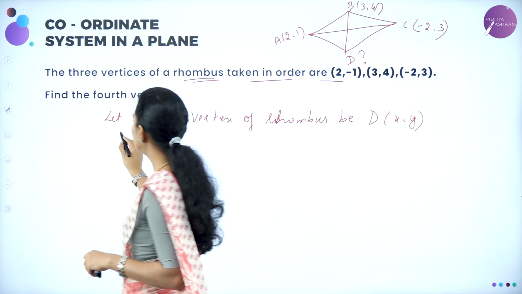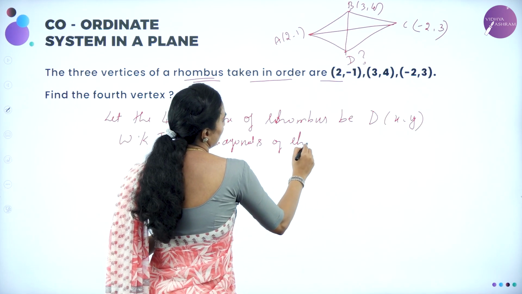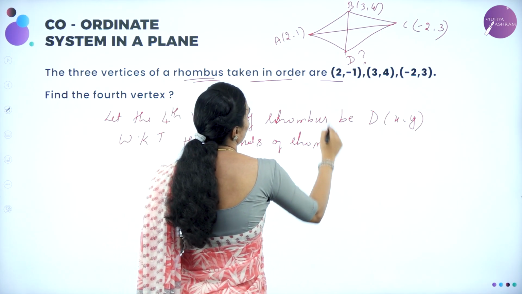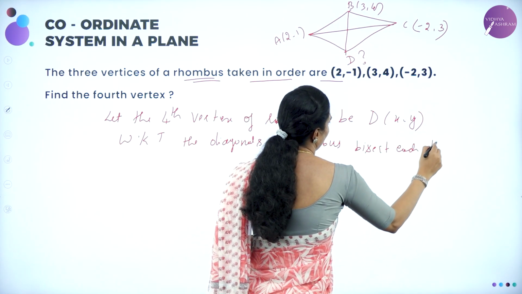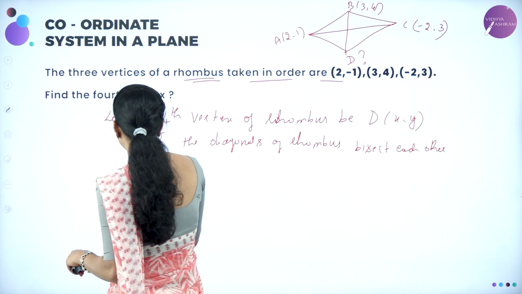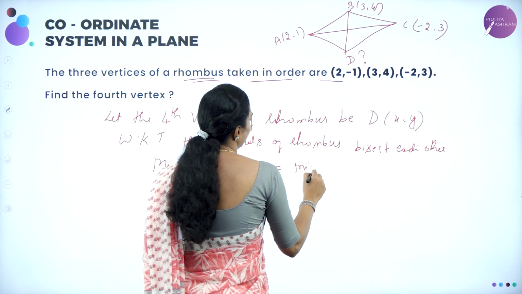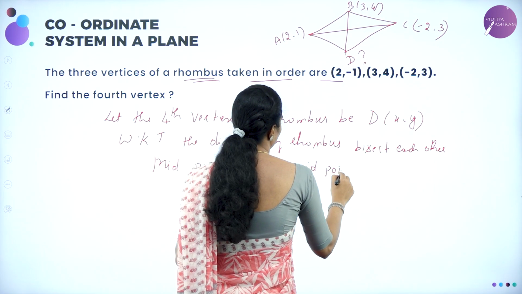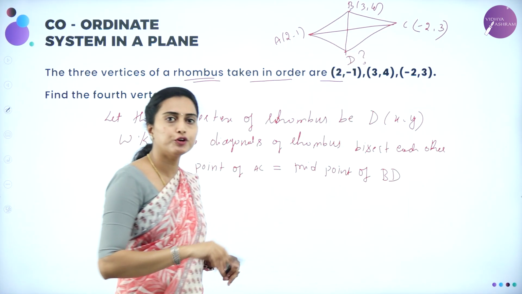We know that the diagonals of the rhombus will bisect each other. Therefore, midpoint of AC will be equal to midpoint of BD, correct? Midpoint of AC will be equal to midpoint of BD, the point of intersection.